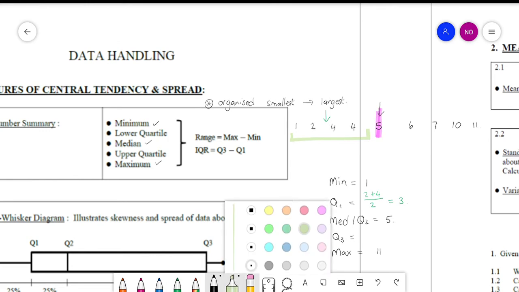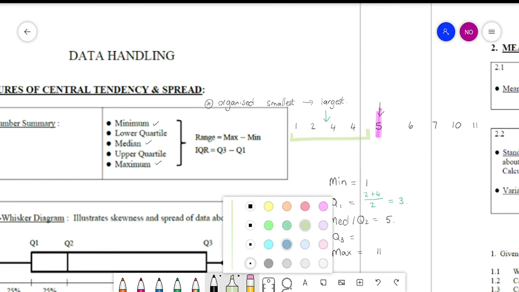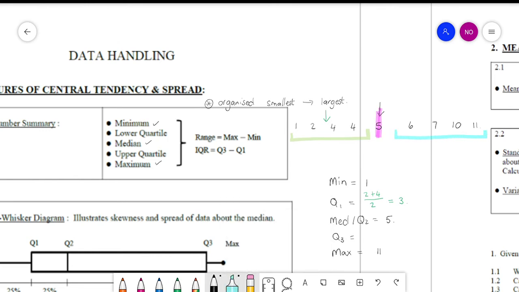And then if I look on the other side, this part will also be divided into 2 equal parts, which will be there. So I'm going to say it's 7 plus 10 divided by 2, and 17 divided by 2 is a fraction, but you can just write it as that.